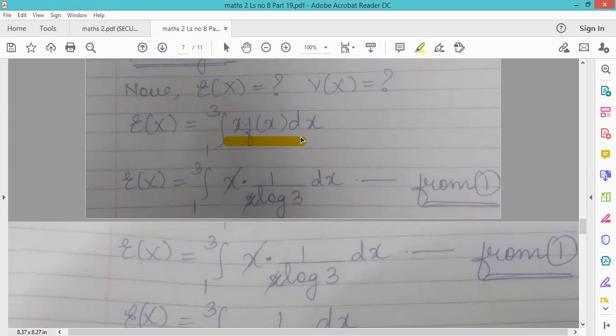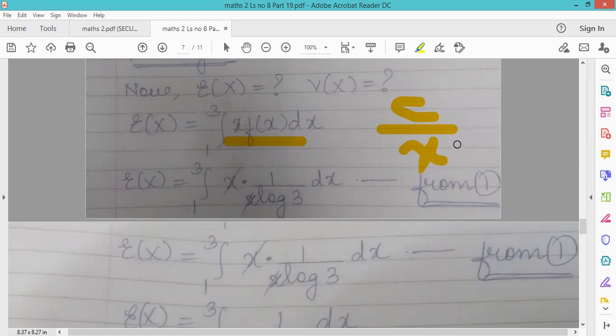So e of x is equal to integration 1 to 3 x into f of x dx. That's the formula of e of x: x multiplied by f of x. So e of x is equal to integration 1 to 3 x into, remember class, we just found the value of c, it was c upon x, and the value of c which we got was 1 upon log 3.